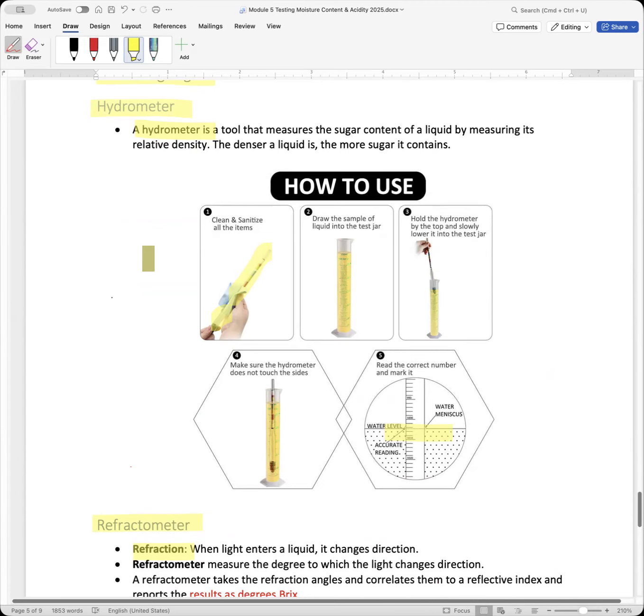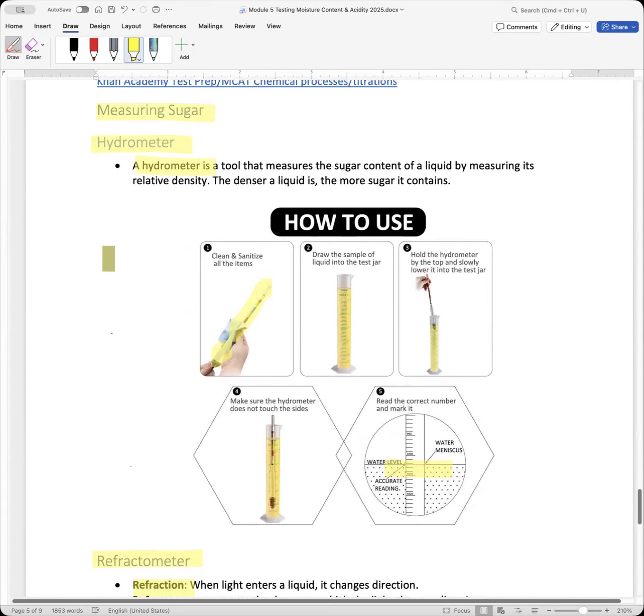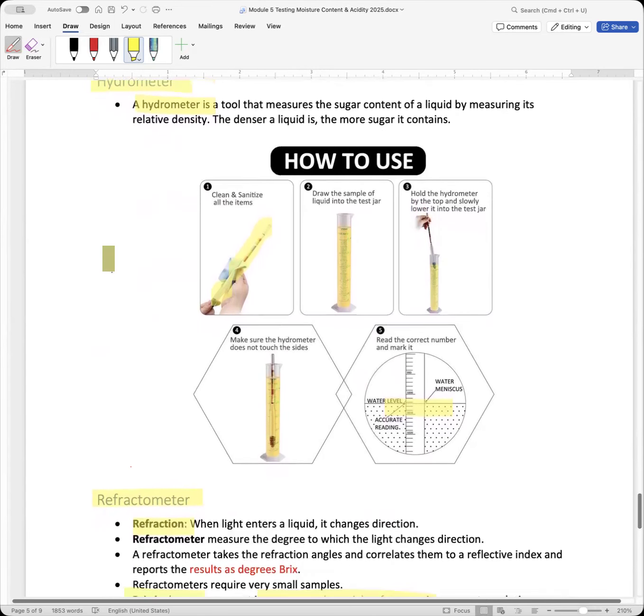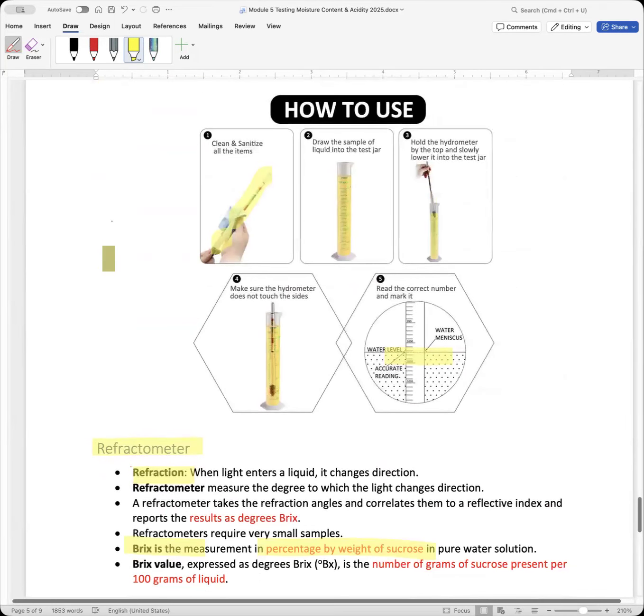The more dense it is, the higher it's going to sit, while the less dense, the lower it's going to sit. Questions about any of this? Did it help you understand a little bit about how these things work? That was my goal, right?